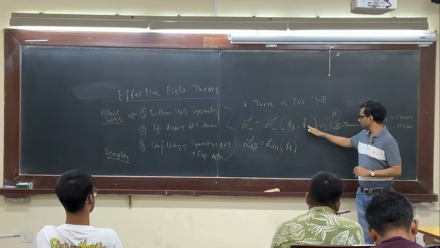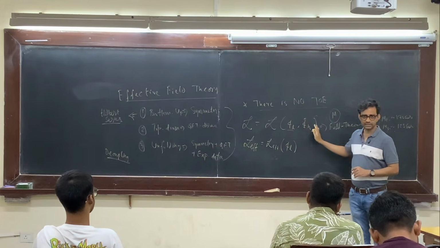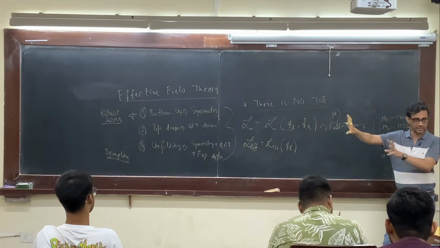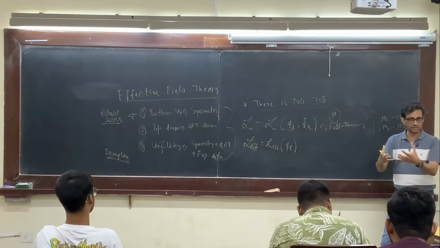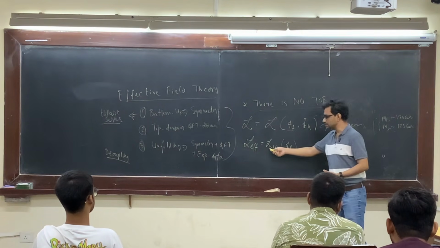It removes the phi H degree of freedom from this Lagrangian, and now when you are removing something, of course that effect is there, that will be captured, right? So those effects are captured in this effective Lagrangian.